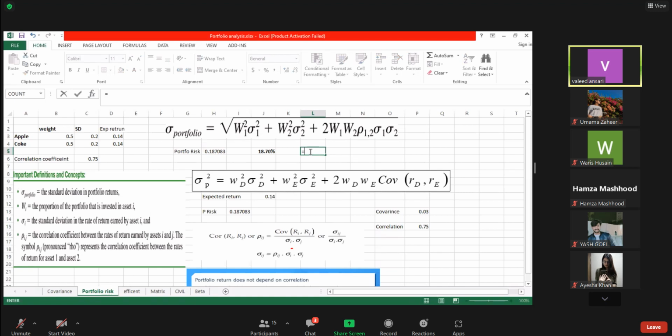the equal sign, and then we go to the first W1 squared. Okay, so let us say Apple, and we square it. Then multiplied by the risk, the SD of this thing.